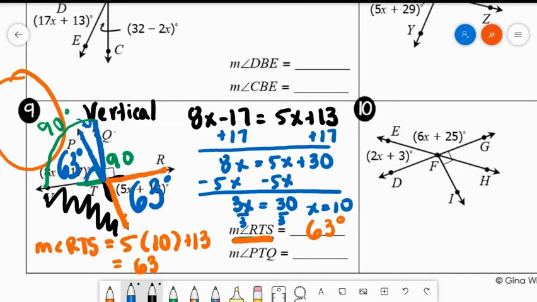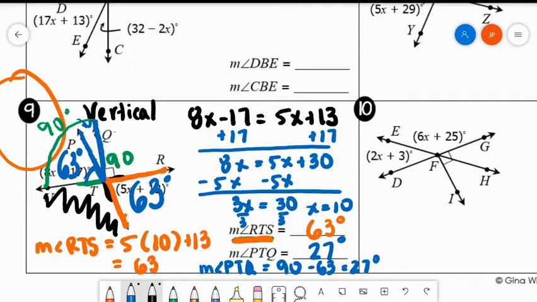What I'm looking for is whatever's left. So my math there: the measure of PTQ is 90 minus 63, so it's 27 degrees.